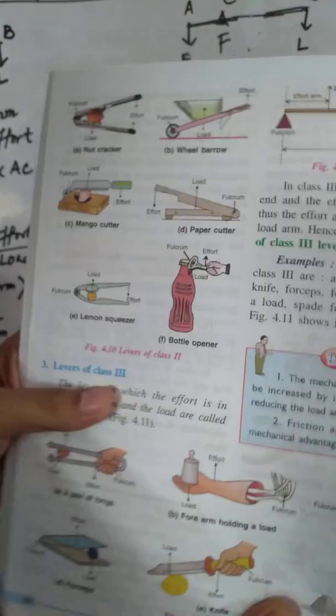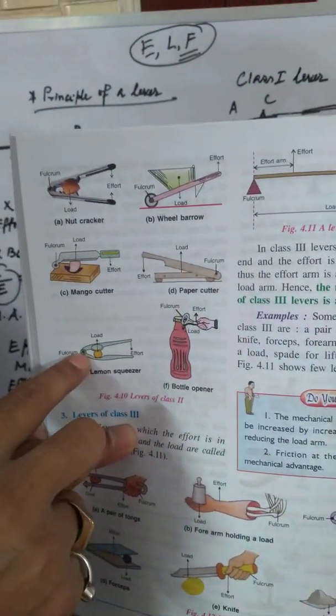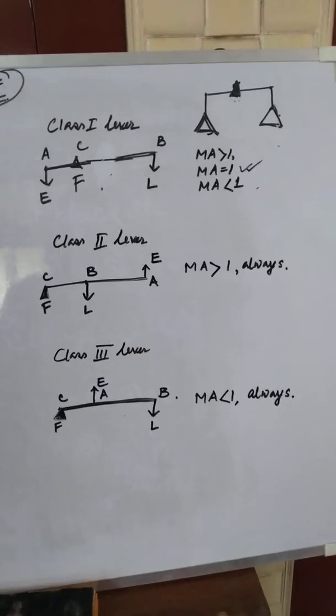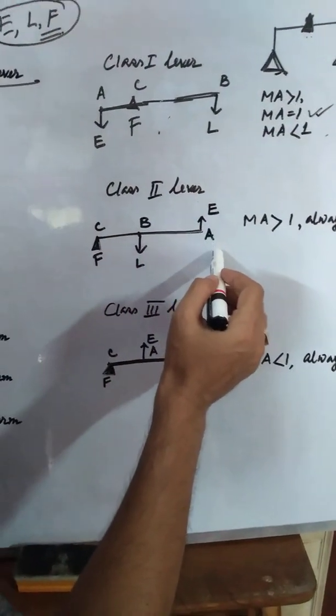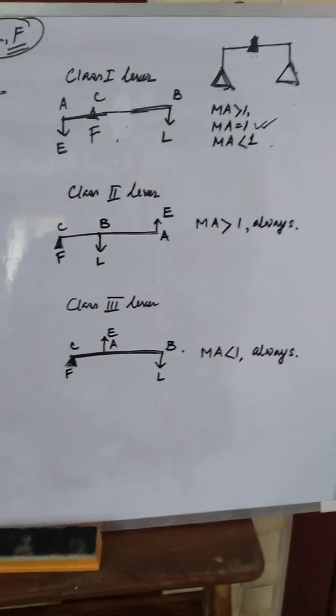The bottle opener or the lemon squeezer, this is the position of the fulcrum, this is the effort, and here it is the load. So load is situated in between fulcrum and the effort, and here the mechanical advantage is always greater than 1.